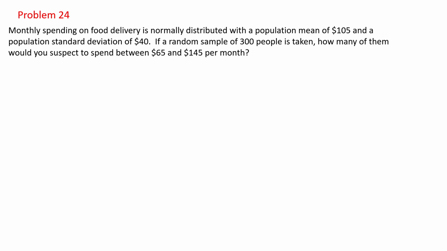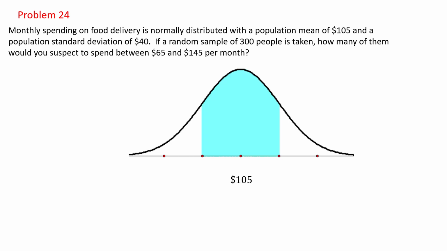Here's problem number 24. This problem is talking about a random sample of 300 people, but we're not going to use a sampling distribution on this problem because there's nothing in this problem that asks us about a sample average. Let's continue, and we'll say more about that later.